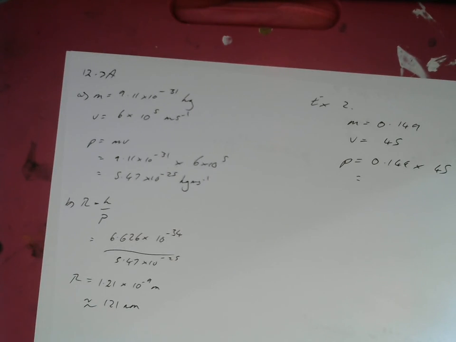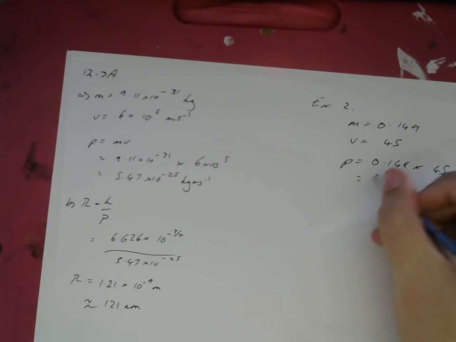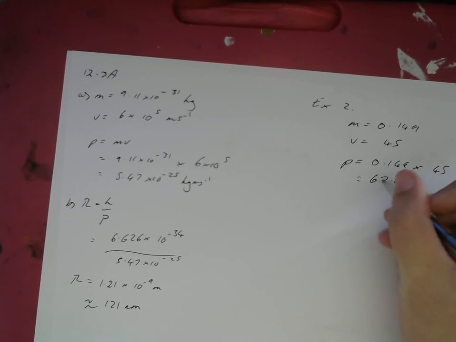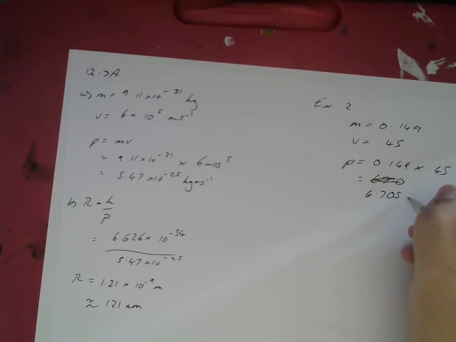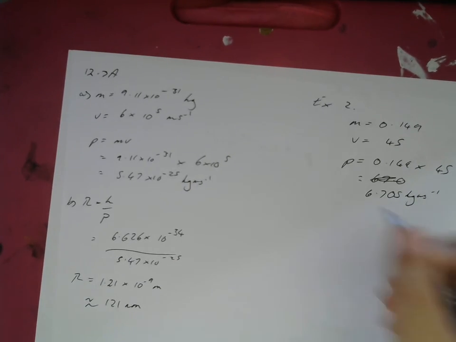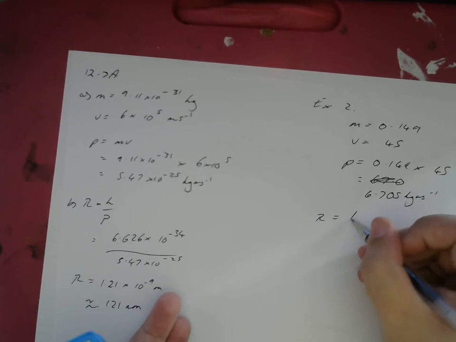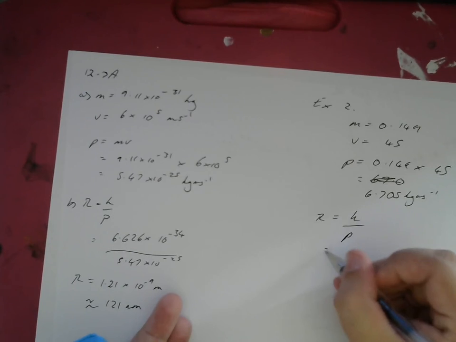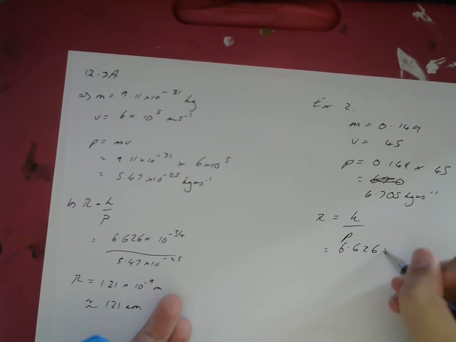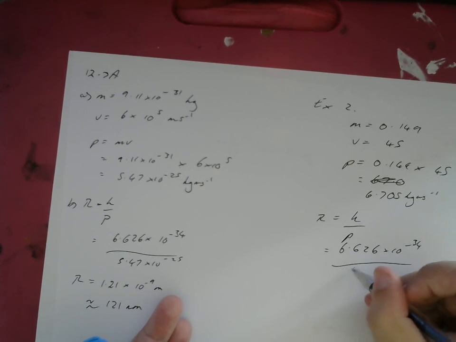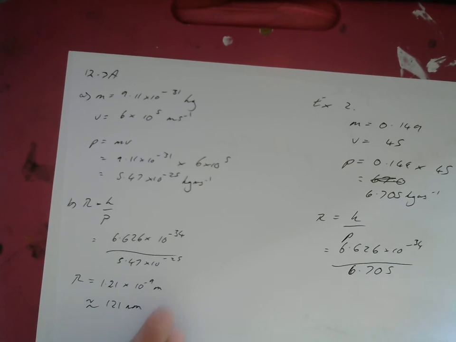Lambda equals h over p. 6.626 times 10 to the negative 34 over 6.705. 6.626 times 10 to the negative 34 divided by that gives me a wavelength of 9.8 times 10 to the negative 35 meters.